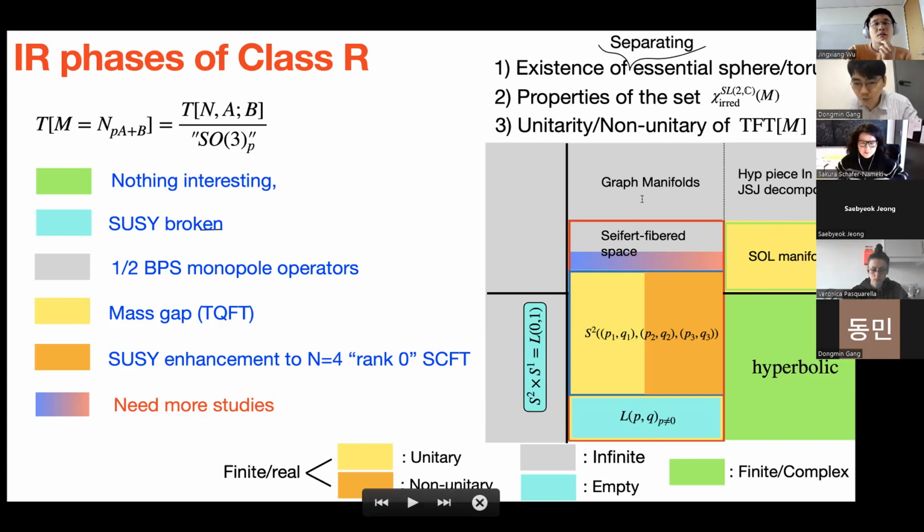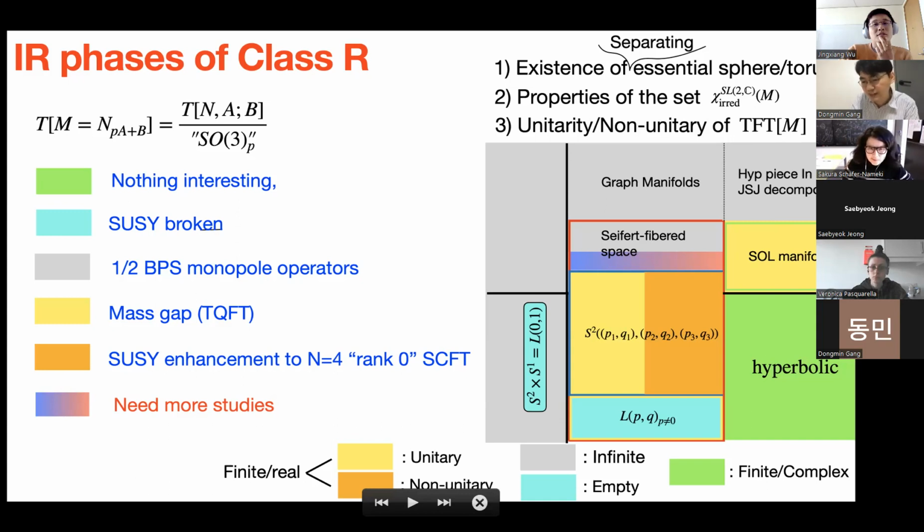And of course, the graph manifold extends out. You have a general graph, and you fiber over a generic graph, and the graph can have loops. So that class corresponds to this one, this mysterious part that needs more studies. Actually this part is very large, but I drew it as a very small portion, when actually it is a very big portion.